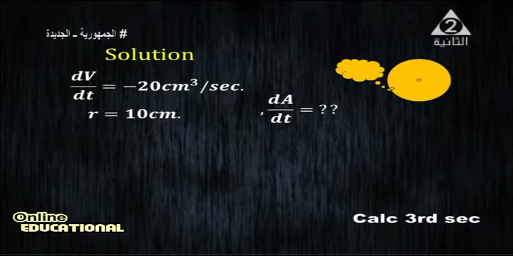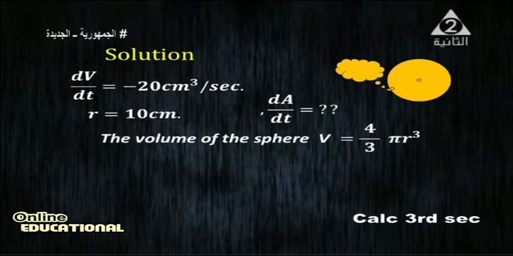Now, what is the relation between the volume and the radius? We know that the volume of the sphere V equals 4/3 π r^3.